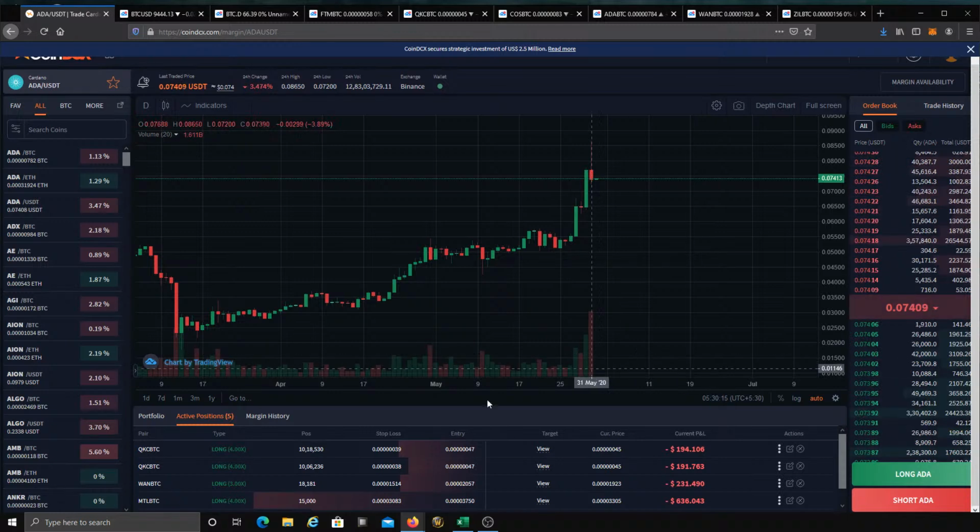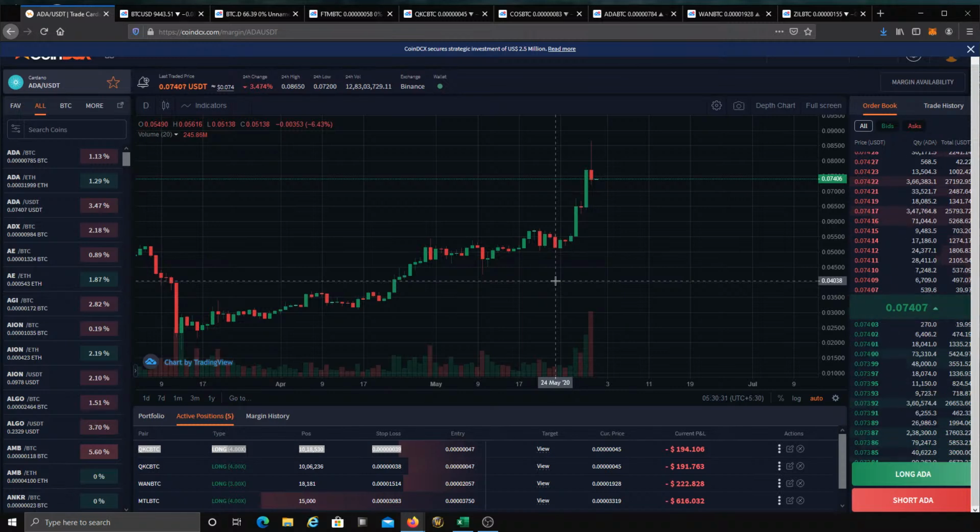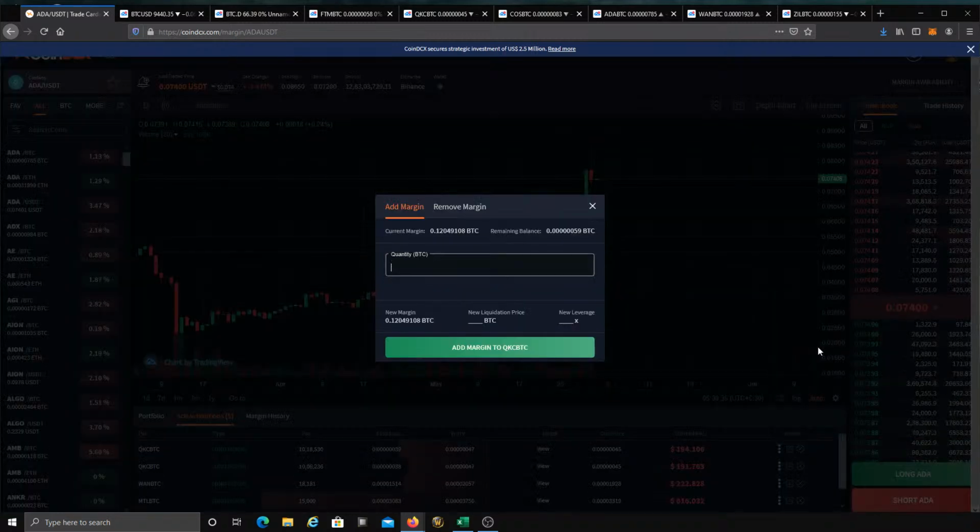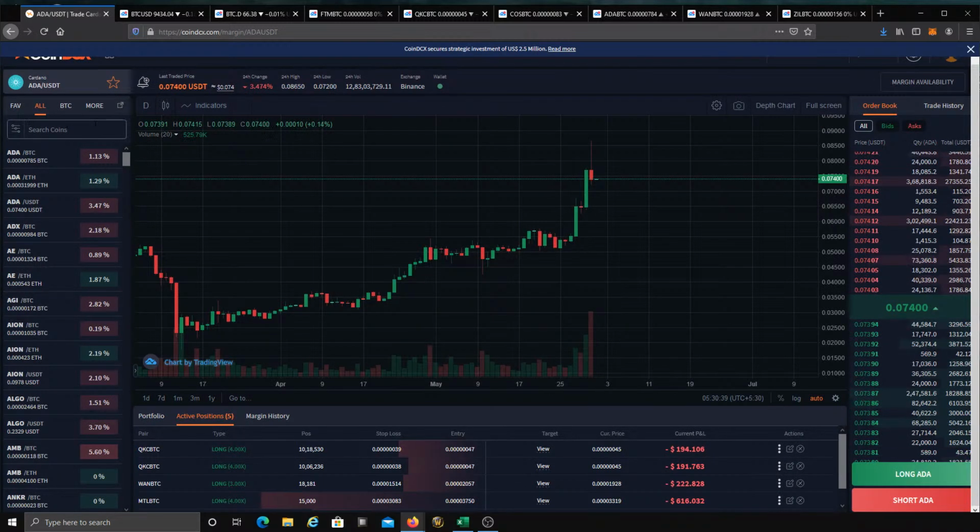So again, let's go back and say it's getting close to my liquidation price at 39, but on a high time frame, let's say a weekly time frame, it's still very much trending bull. So it's got a very bullish trend on a weekly time frame, but I'm getting close to being liquidated. So you can add to that margin to lower your leverage. Let's just do that.